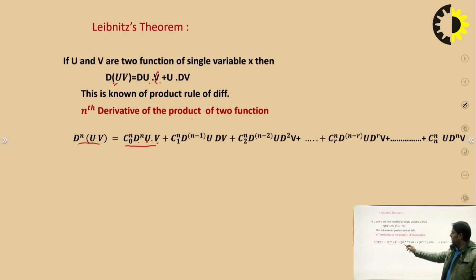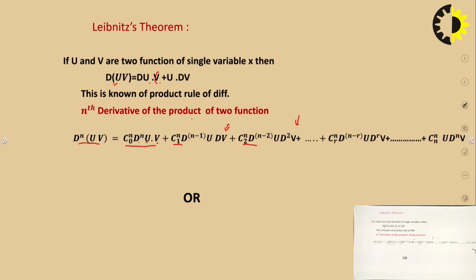Similarly, now we take nC1, and we take less differentiation on u. Here we differentiate u n minus 1 times, and now we take the one-time differentiation on v. This process goes on. So next is nC2, with the differentiation of u n minus 2 times, where the differentiation of v is 2 times.